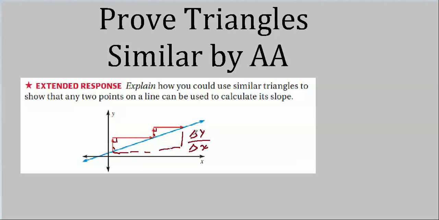Delta y. That's not triangle y. That's delta y over delta x. That's the change in y. So if this whole thing here, we got change in y here, the change in x right here, that would be our slope.